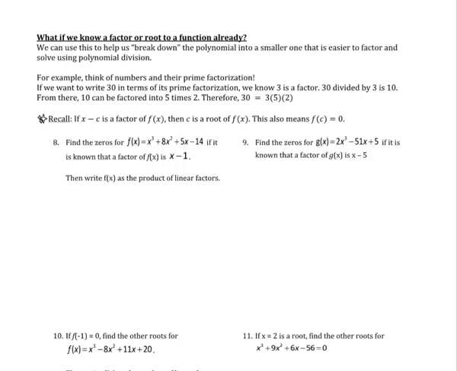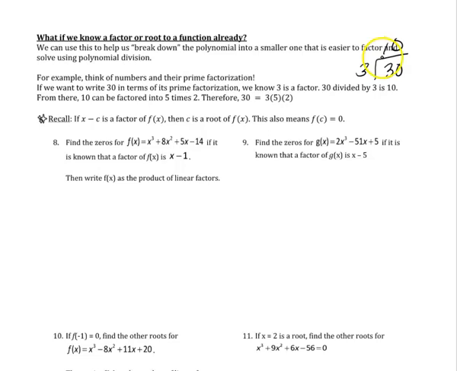So for instance, I like to relate this back to when you guys were in middle school and you came up with prime factorization of certain numbers. So for instance, let's say we wanted to look at the number 30, and that's the example I have typed up here in our notes. Well, I know a factor of 30 is 3. 3 times 10 gives us 30.